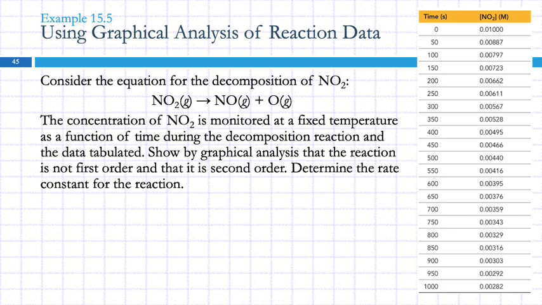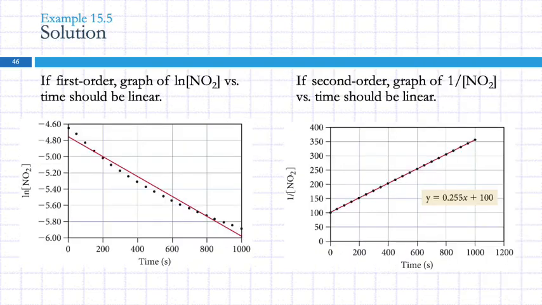They just took all the numbers and put them in a table. Show by graphical analysis that the reaction is not first order and that it is second order. Determine the rate constant for the reaction. Well, this is not something I can do in lecture. We need Excel to do this for us. So ta-da, there it is.